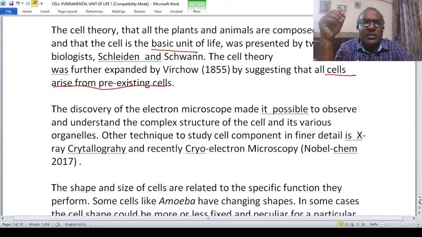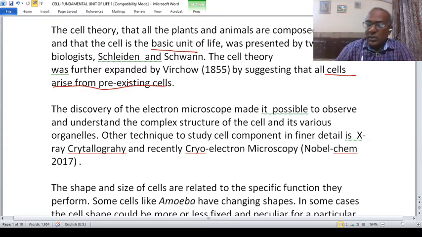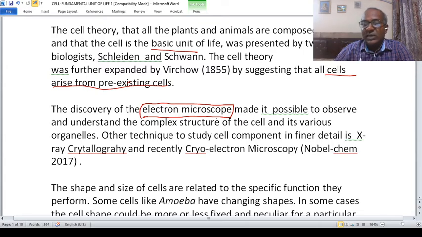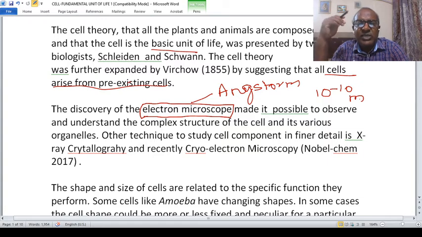And then came the electron microscope, which enabled scientists to see things at a very small scale, at the angstrom level. An angstrom is 10 to the power minus 10 meter. So now we are able to see very small things.